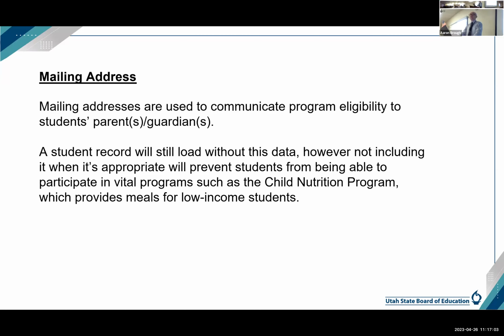It's 100 characters. We're not saying that it has to be able to automatically look up through our Utah GIS system, which we use specifically for the district of residence. But we'll take whatever is put into those fields. So do your best to keep those accurate and tied to our students, so we can help them out with those vital programs that provide low income students meals and other associated things.